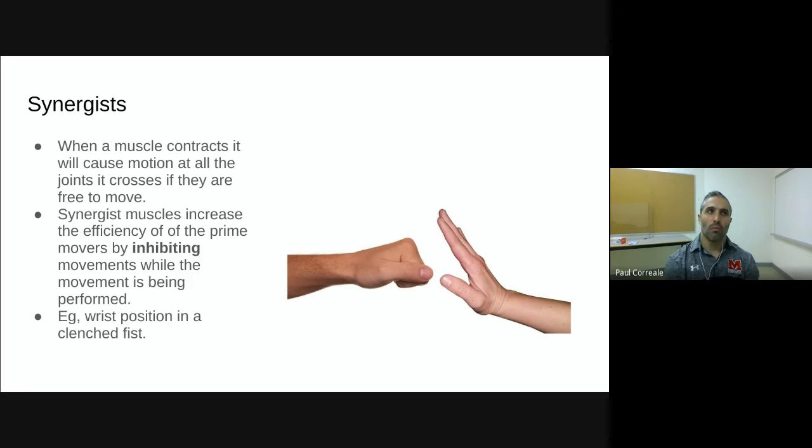When we make a fist and want to punch, we have muscles that are synergistically keeping that fist nice and stiff. It's not going to be lax. If I make a fist here and I'm almost in flexion of the wrist, I almost have to be in a position of extension, a little bit of hyperextension, to throw a proper punch.